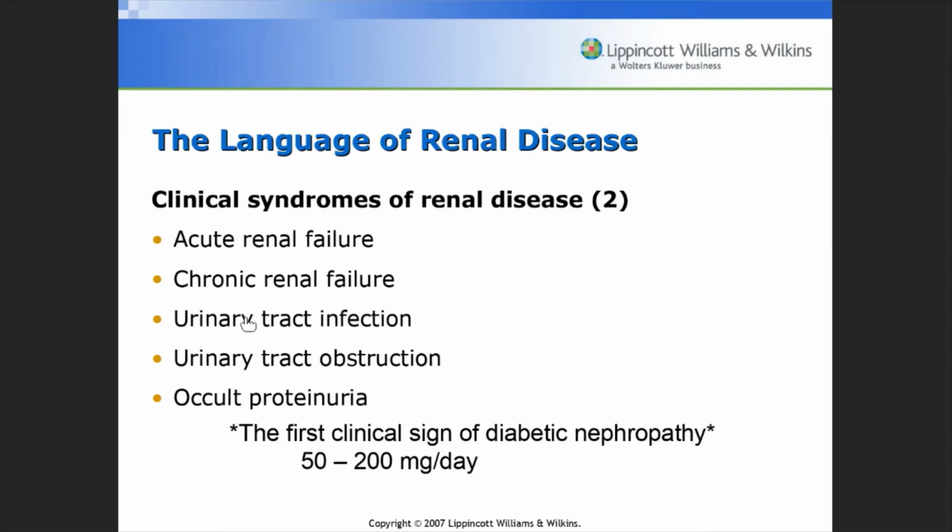Okay. All right. So some of the syndromes of renal disease are chronic, and some of them are acute. Post-strep will be acute in onset. Chronic would take a longer time, like polycystic kidney disease, which is progressive and considered chronic. Urinary tract infection and urinary tract obstruction can lead to hydronephrosis and occult proteinuria, which means it's hard to see.